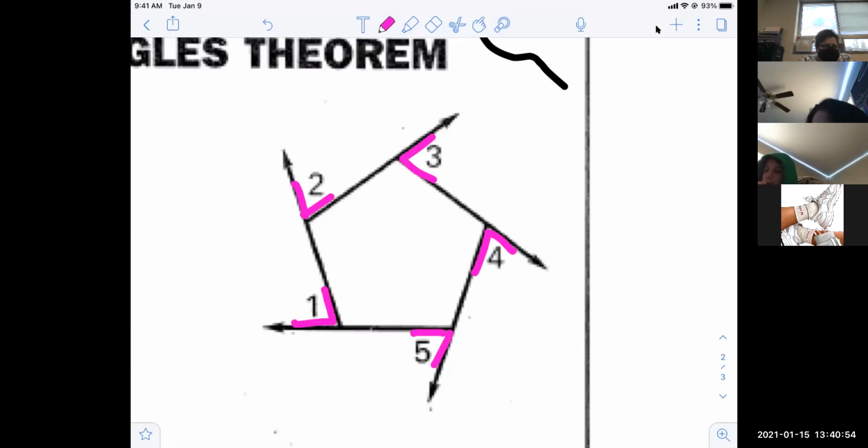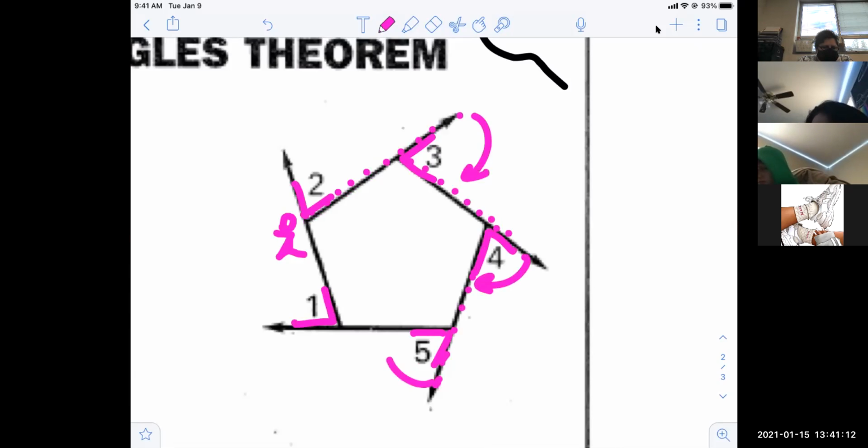Can you think about if you were to stand here, facing along this direction, and walk this side and then rotate, and then walk this side and rotate, and walk this way and rotate, and walk this way and rotate, and then walk back up here.